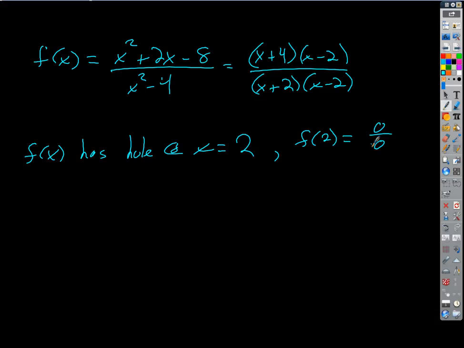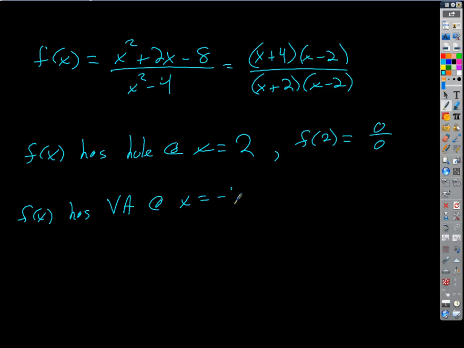Okay? F of x has a vertical asymptote at x equals what? Where? What do you think? At 2? Negative 2, right?